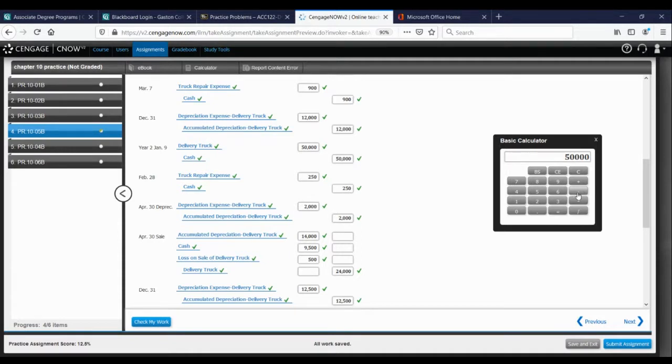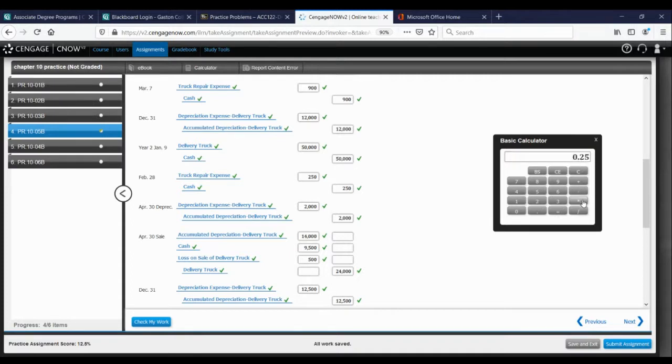So 50,000 minus 12,500 will leave you with the book value at the end of the first year of the life of this asset. That book value would need to be multiplied by the depreciation rate. Twice the straight line rate was 25%.